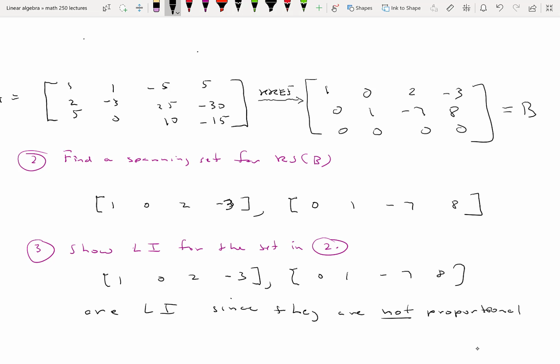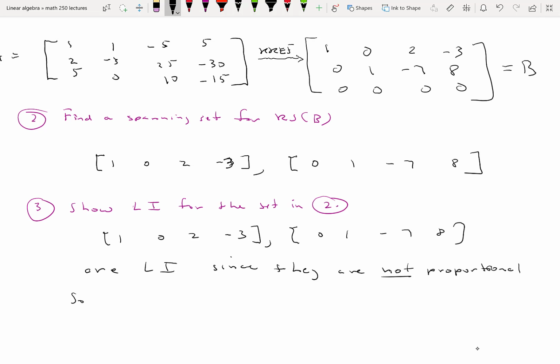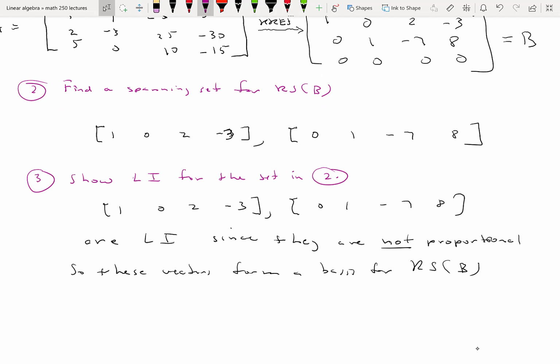Or you could say one is not a linear combination of the other. But for 2 vectors, just say they're not proportional. So these vectors form a basis for the row space of B. So there's only one thing left to do.